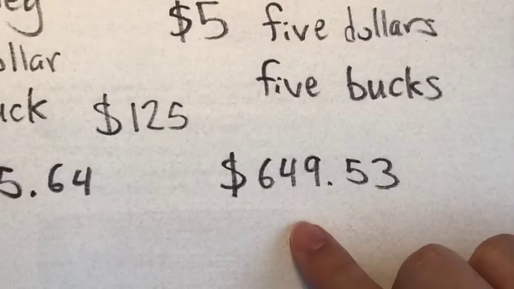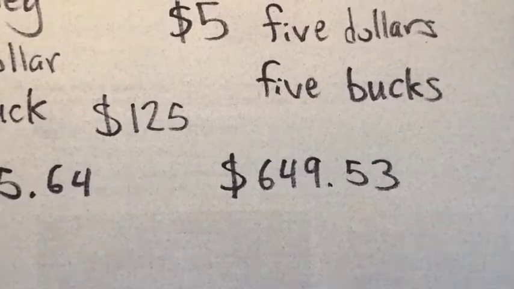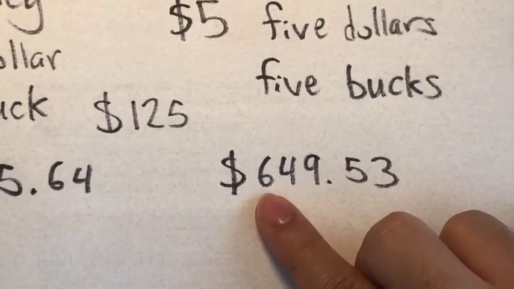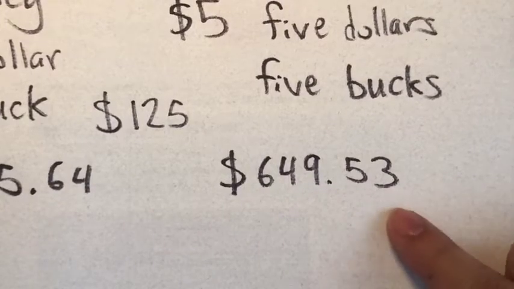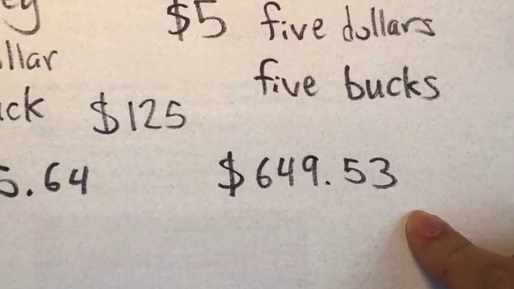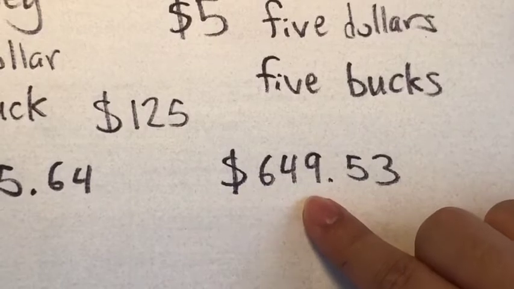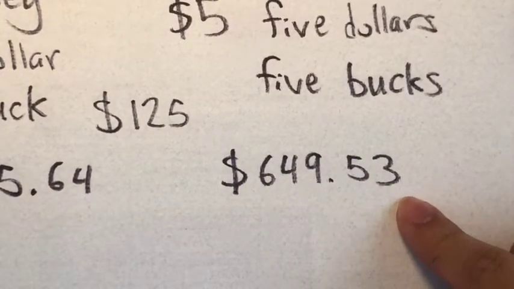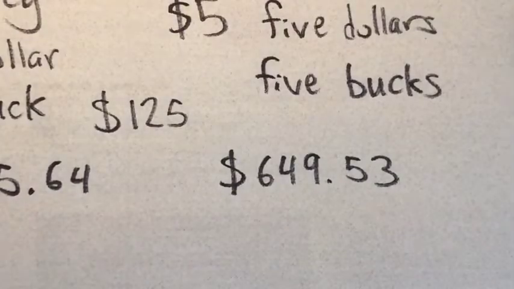So what are the different ways we can say this amount of money? Well, we can say $649.53, or we can say 649.53.